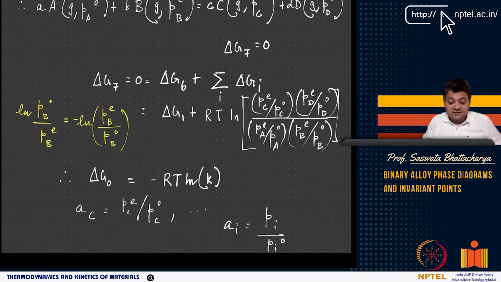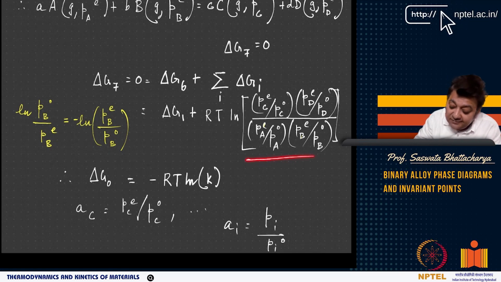It's just an inverse, right? This is 1 over PB equilibrium by PB naught, so ln 1 minus ln PB equilibrium by PB naught. Similarly, ln PA naught by PA equilibrium is nothing but minus ln PA equilibrium by PA naught.